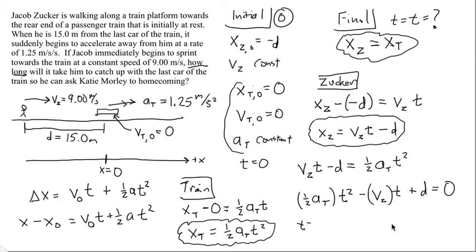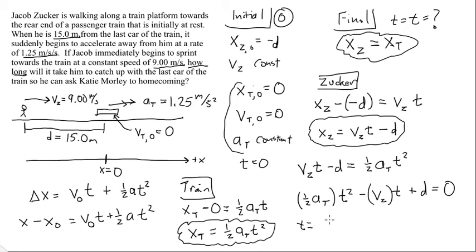I don't really have space to finish this out, but when you do the math and plug in these values, Zucker's velocity is 9.0 meters per second, positive. The train's acceleration is 1.25 meters per second squared, and Zucker's initial position is 15 meters back.